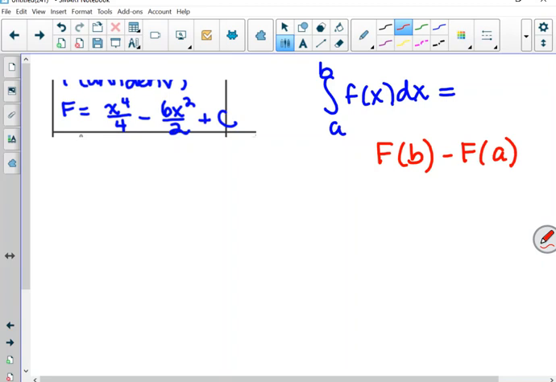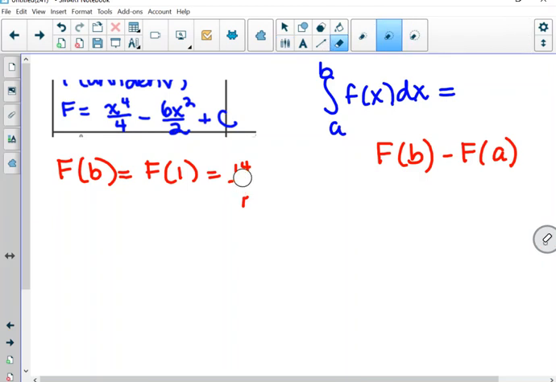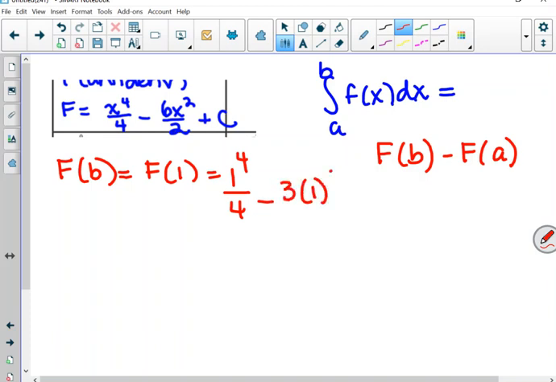So now that we have big F, big F of b for this problem was big F of 1. And that's 1 to the 4th over 4. That looks like a 14, so I gotta watch that. 1 to the 4th over 4 minus, and I might simplify that, 6 over 2 times 1 cubed. F of a, in this case, is F of 0, which is 0 minus 0.